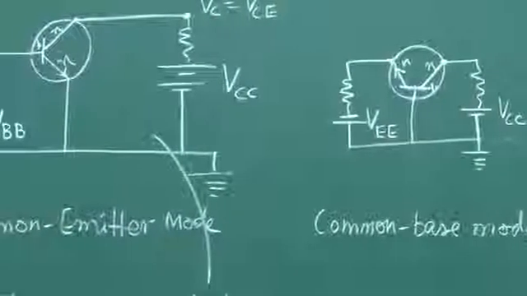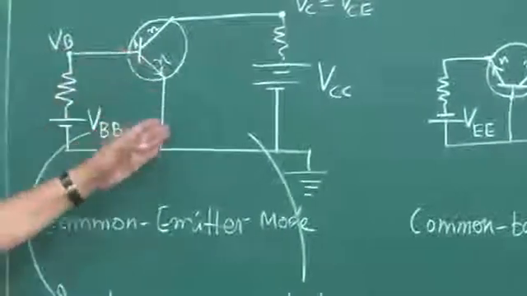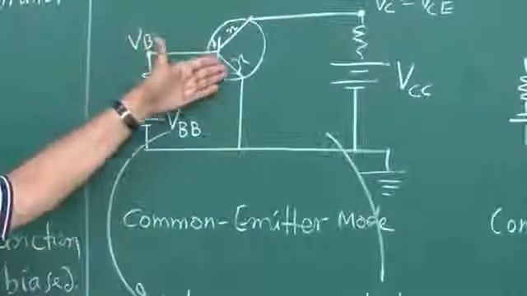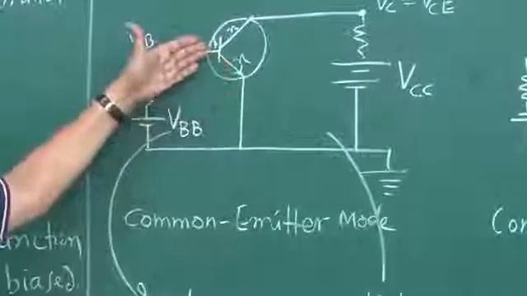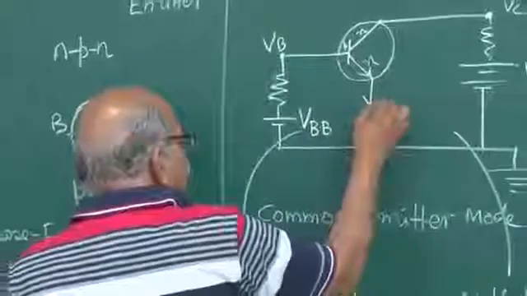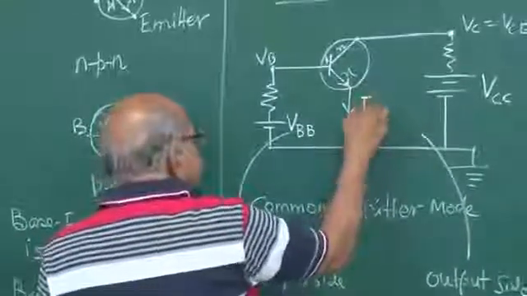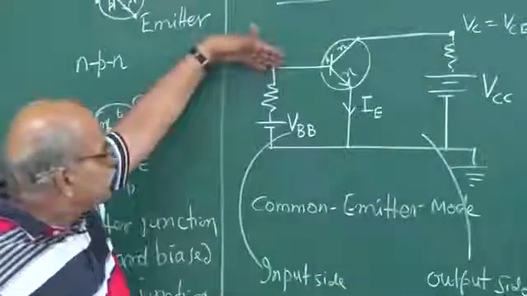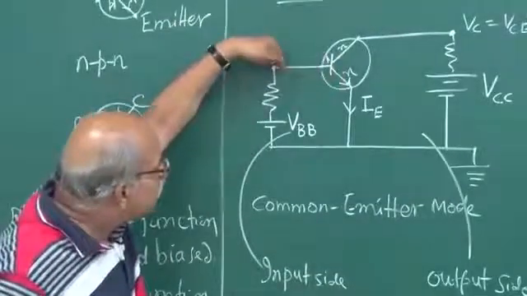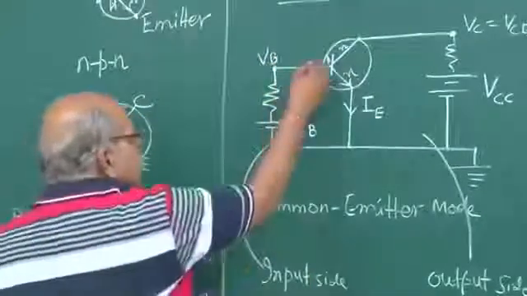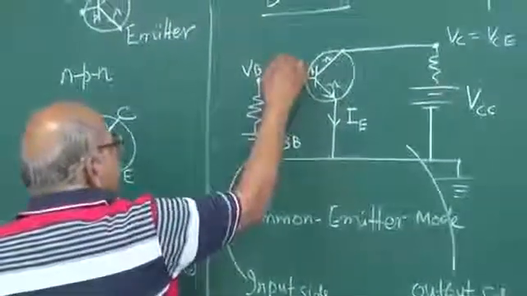Then current. Since it is forward biased, you will have a current, and that current will go from P to N. And so if the current is going like this, this current has to go through this. Now this current is written as IE. And then the current should enter in this PN junction, goes from P to N. So this current goes here, this is IB.